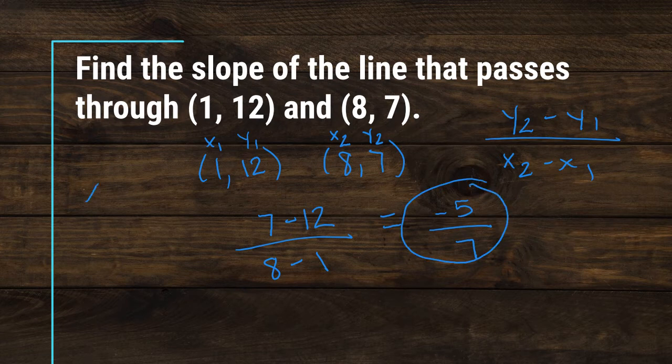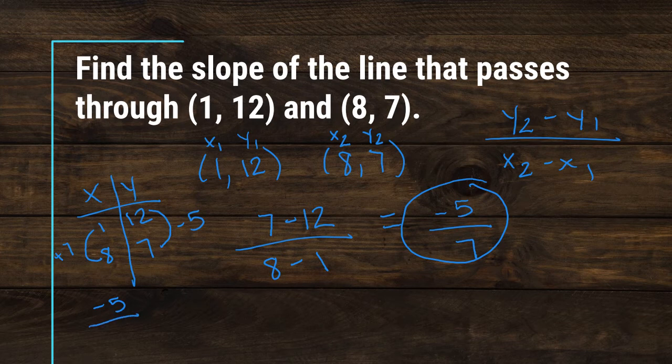So now, let's think about that in a table. I could put my x and y coordinates. My first coordinate was (1, 12) and my second coordinate was (8, 7). Like what we did in our last video, the difference between 12 and 7 is minus 5, and the difference between 1 and 8 is minus 7.